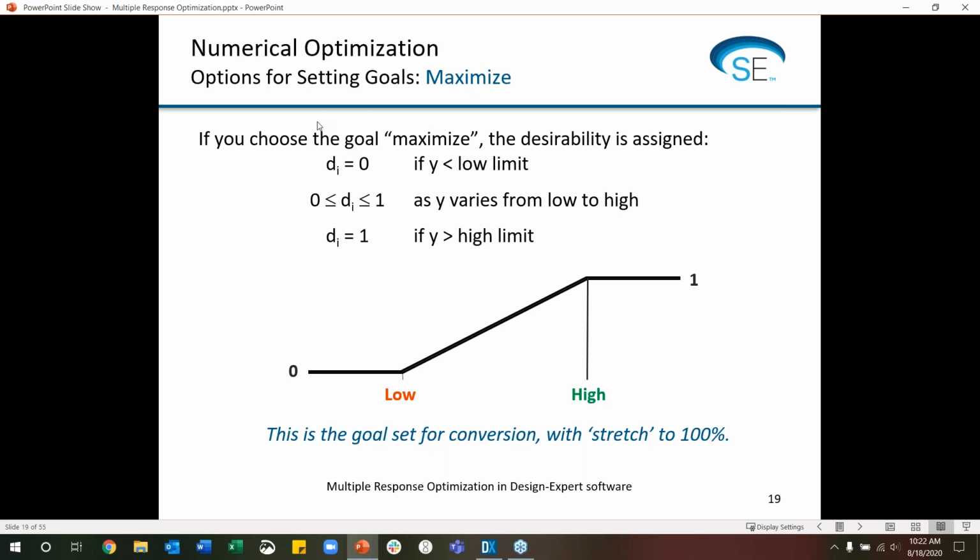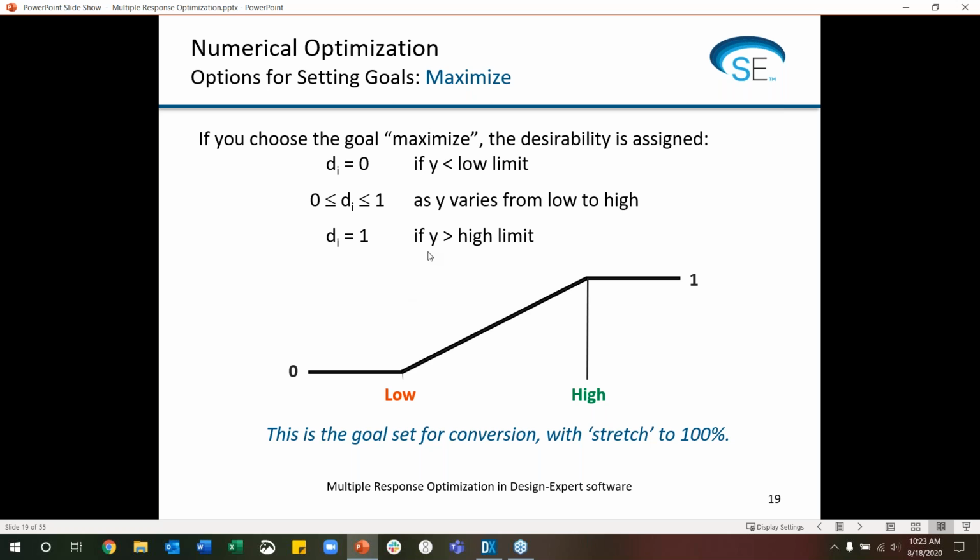I've already said the criteria for this example, but let's look at how these define desirability. So for instance, the maximize goal. If we choose a goal of maximize, desirability works like this. Desirability is going to be 0 if the response at a particular point in the design space is less than the low limit. So anything below this low limit is a 0 desirability.